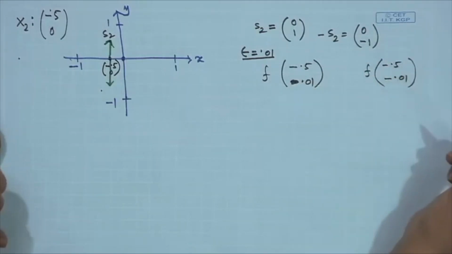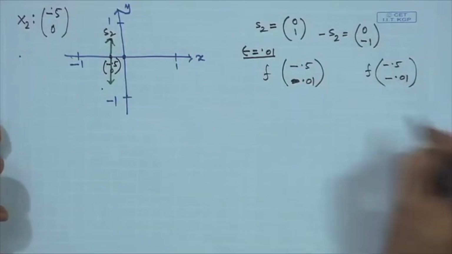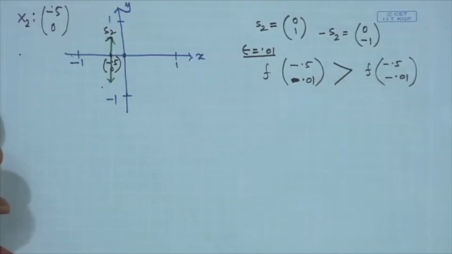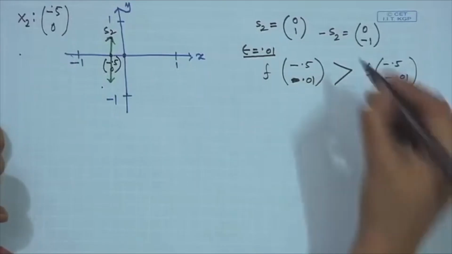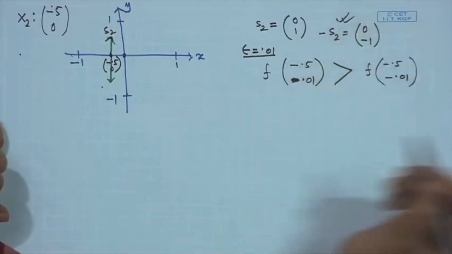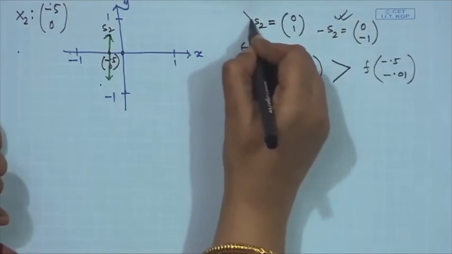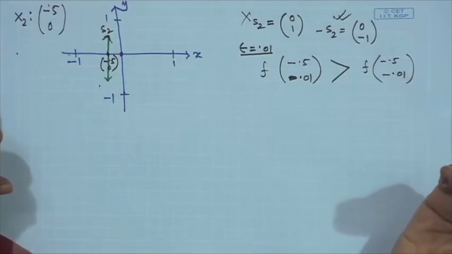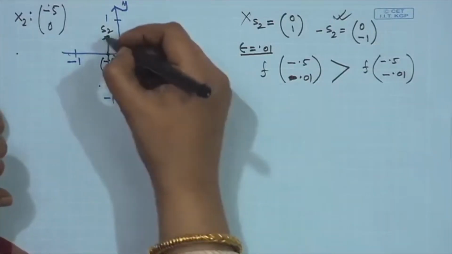If we calculate the values, I have seen this value is lesser than this. That is why we are sure that this direction is the best direction to get the minimum, and this is not. Clear?